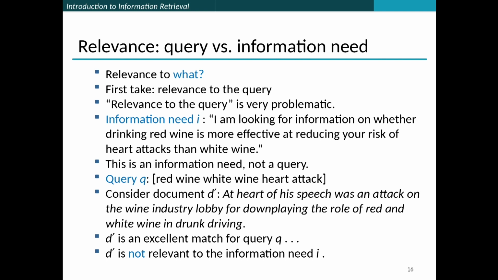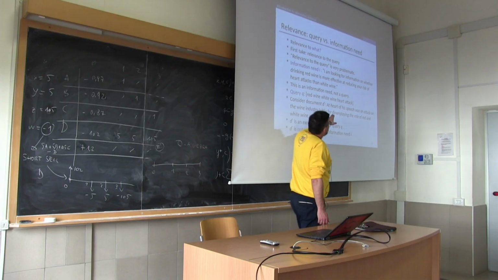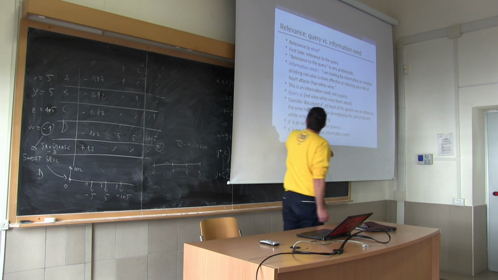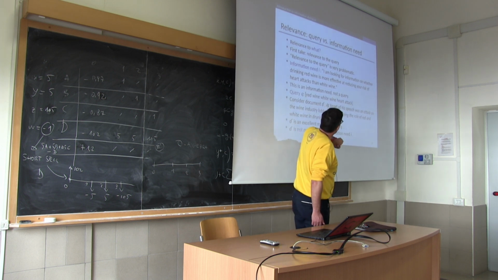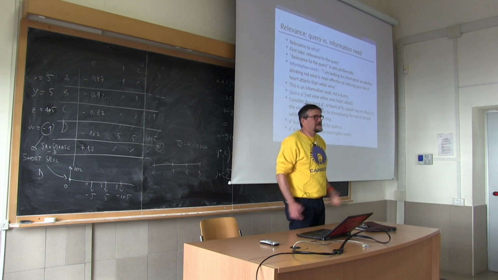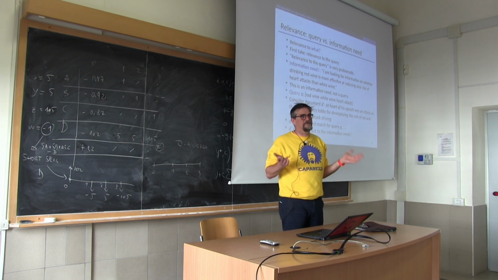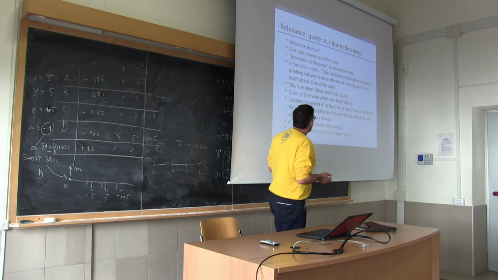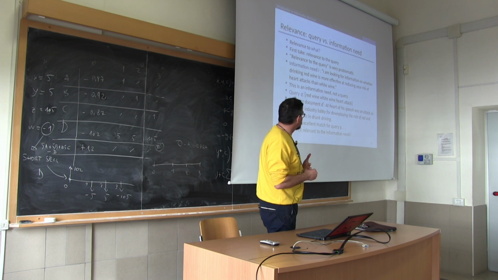But what is problematic here is this document, D prime: "at the heart of his speech was an attack on the wine industry lobby for downplaying the role of red and white wine in drunk driving." This is actually not related to our information need, but is very consistent with the query. Those are the kind of issues that we have to consider.